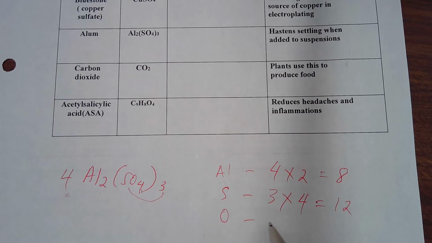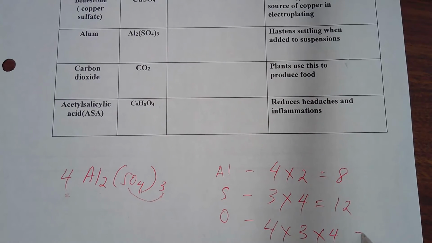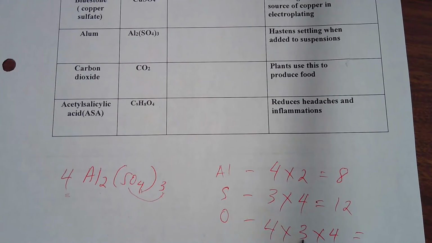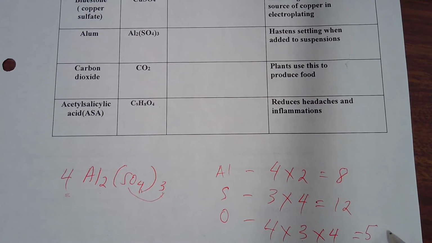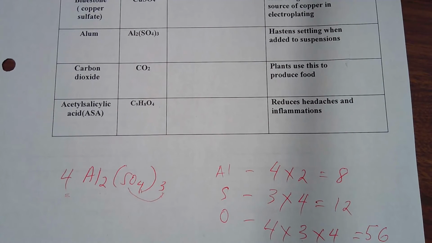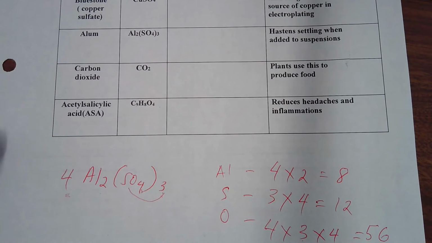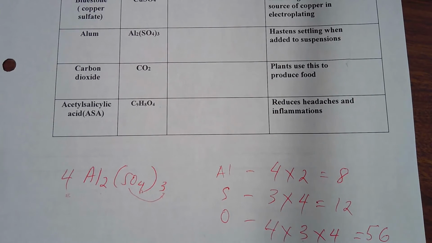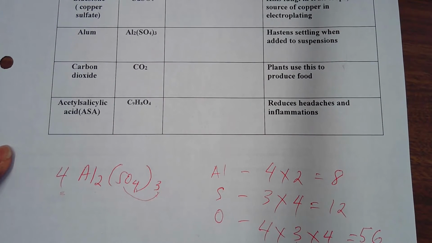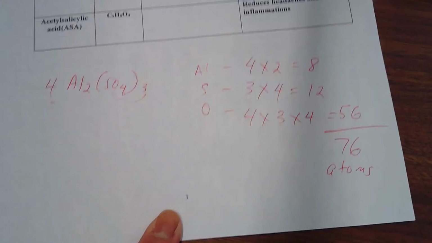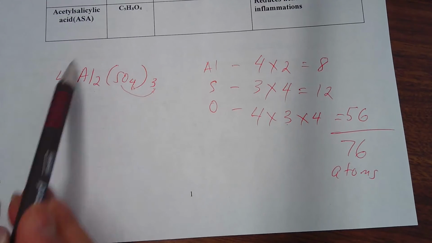How about oxygen? Oxygen says 4. See, 4 times 3 times 4. Okay, so what's 4 times 3? 12 times 4, 56. So altogether, how many do we have? 76? We have 76 what? Atoms. 76 atoms in 4 molecules of alum.